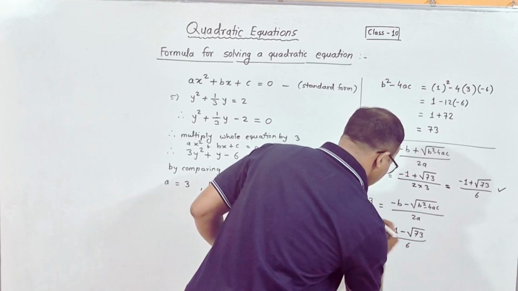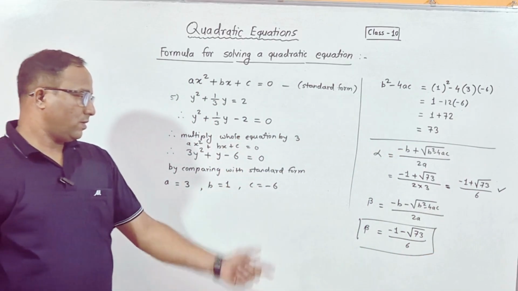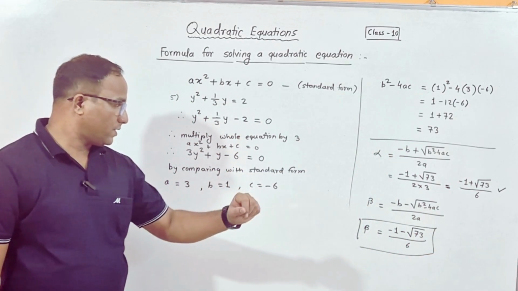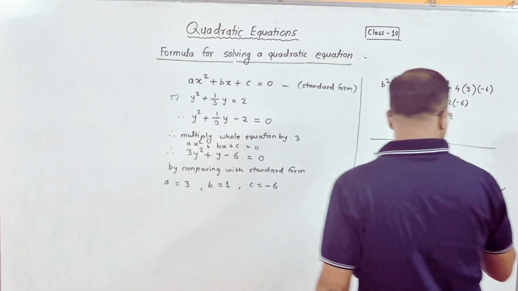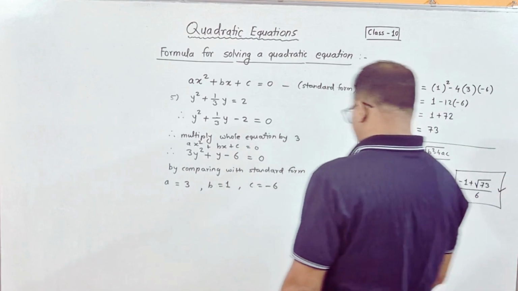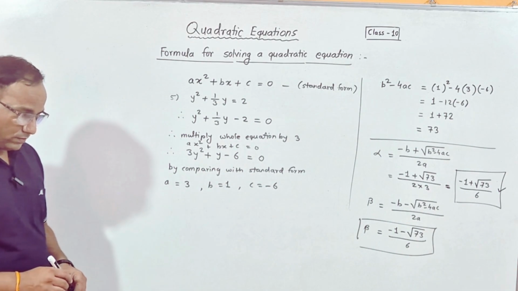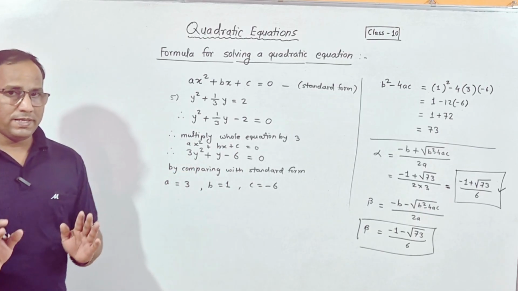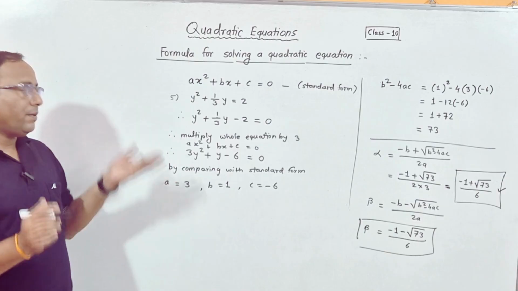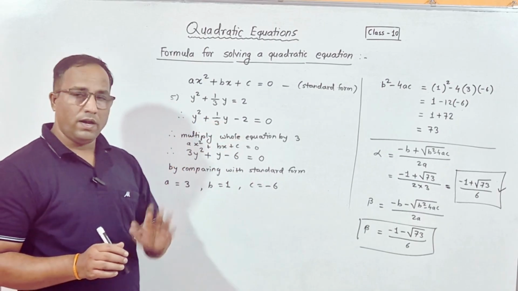So value of beta is minus 1 minus root 73 upon 6, and value of alpha is minus 1 plus root 73 upon 6. In this way we can solve step by step any quadratic equation for its roots alpha and beta.